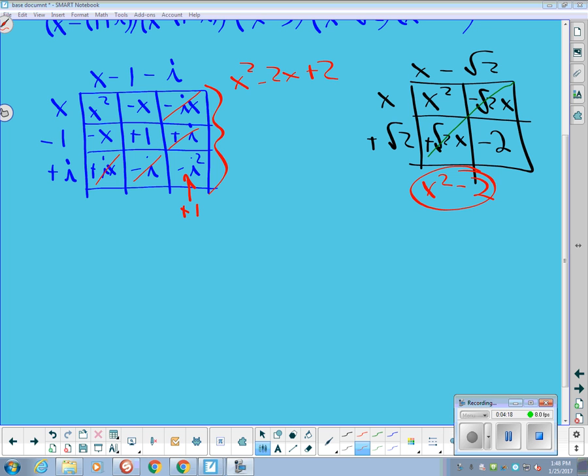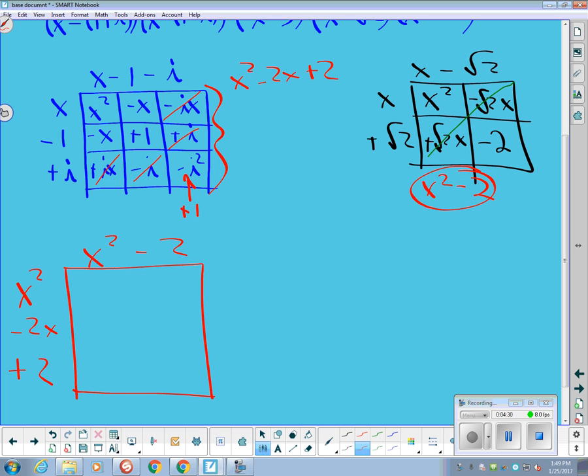I'm going to put the x squared minus 2, it doesn't really matter where I put it, and I've got an x squared minus 2x plus 2, and we will multiply those together and see what we get. Now, we could have left a 0x in here. We're missing a power of x, and that would make diagonals line up a little cleaner for us, but we should be able to do it this way just fine as well, as long as we're careful and pay attention.